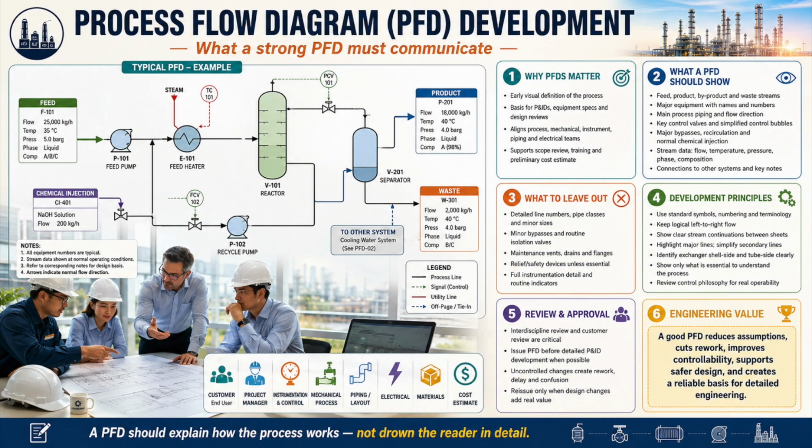Standby and parallel equipment can often be represented by equipment numbering rather than duplicated full detail symbols. The diagram should communicate configuration without unnecessary graphic repetition. Avoid placing detailed equipment design information on the PFD unless the customer specifically requires it.